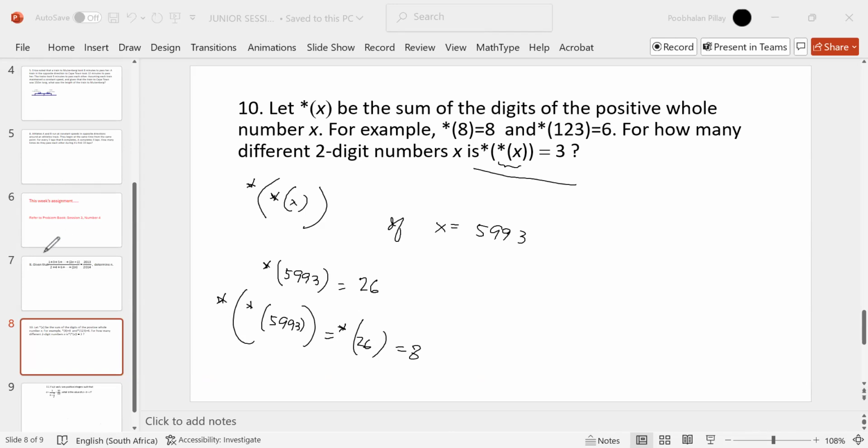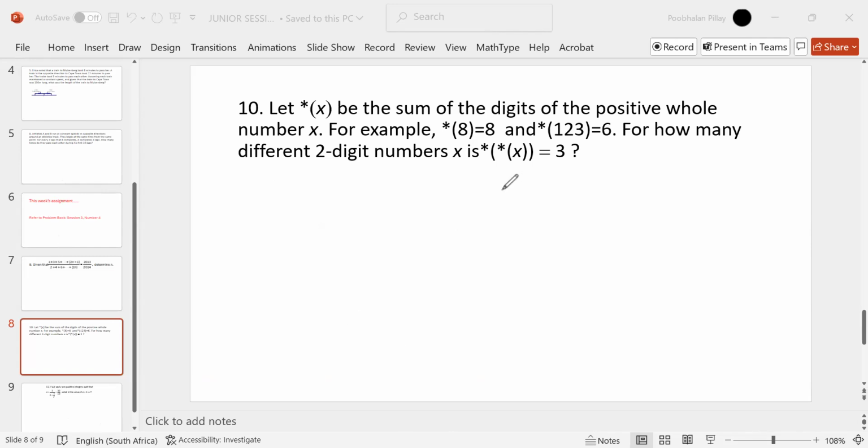And now the question is, you've got double star of x is 3. So when I work out the star of this, I get 3. The star of this. Right.